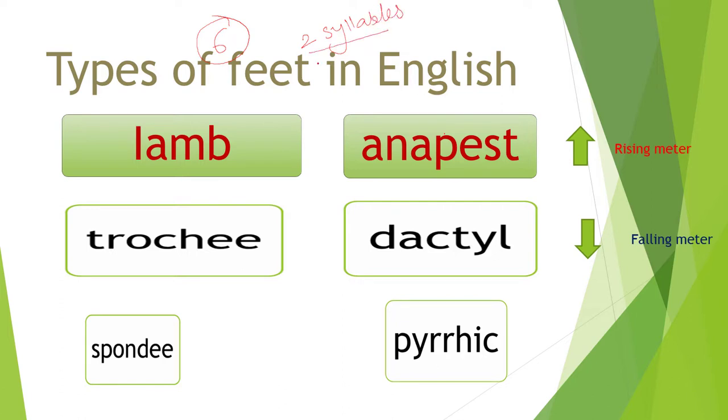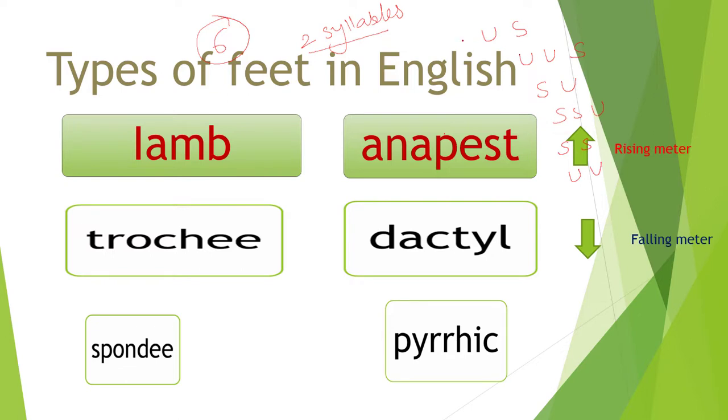And these 2 syllables have a pattern. Either the pattern is of an unstressed and a stressed syllable, or 2 unstressed followed by 1 stressed syllable, or 1 stressed and 1 unstressed syllable, 2 stressed and 1 unstressed syllable, or it can be 2 stressed syllables, or 2 unstressed syllables.